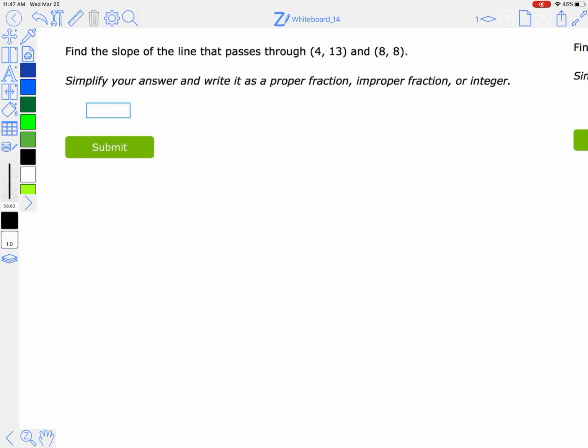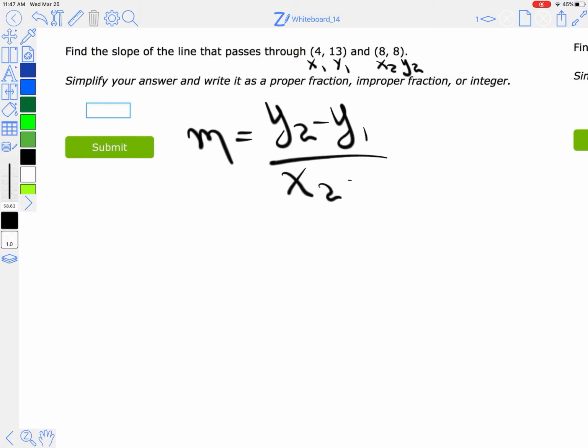Just like I did before, I'm going to write my x1, y1, x2, y2 right next to the points, and then I'm going to put my numbers in. M equals, if I write that equation out one more time, y2 minus y1 over x2 minus x1, and fill in my values.